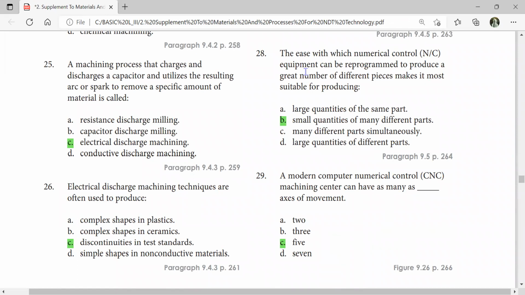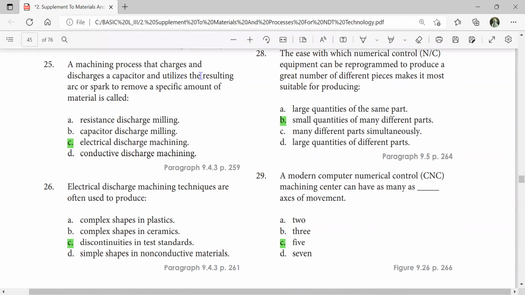The ease with which numerical control (NC) equipment can be reprogrammed to produce a great number of different pieces makes it most suitable for producing small quantities of many different parts. A machining process that charges and discharges a capacitor and utilizes the resulting arc or spark to remove a specific amount of material is called electrical discharge machining.